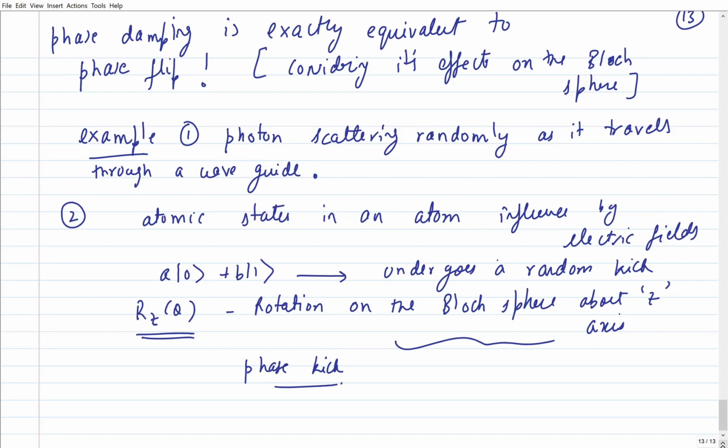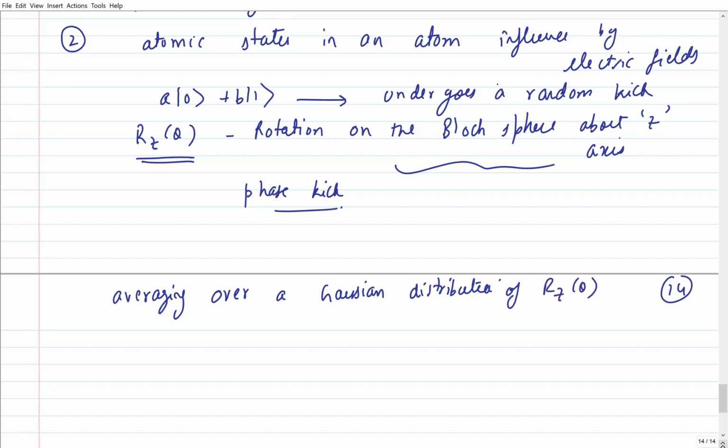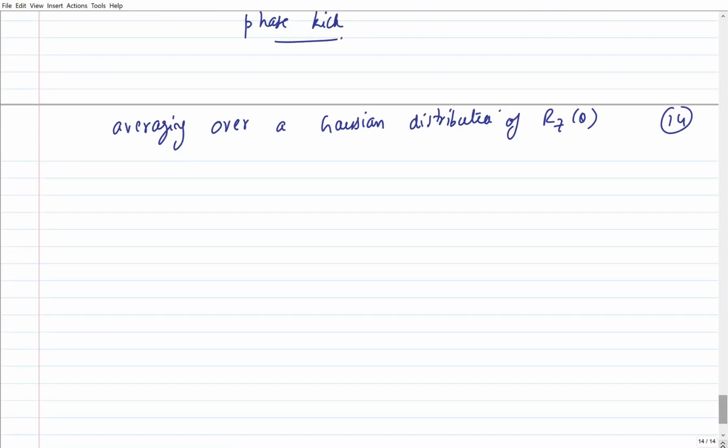So what one does is that when one averages over many such kicks, let's say averaging over a Gaussian distribution of RZ theta. So the kicks are by the rotation angle theta, where theta is a random variable picked according to a Gaussian.